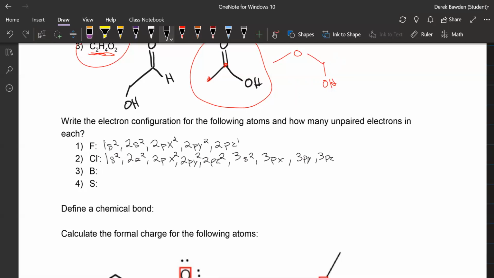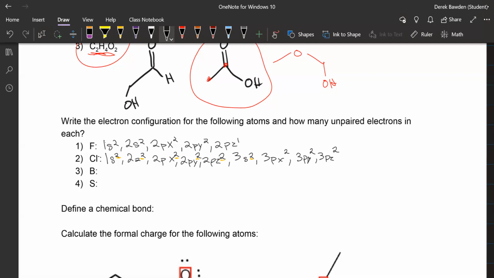Okay, so far we have, let me mark them like this: 2, 4, 6, 8, 10, 12. So we still need to account for 6 electrons to get to our 18 number. So are the 3p shells all going to be filled? Yes. Okay, so we're at 3px2, 3py2, and 3pz2.